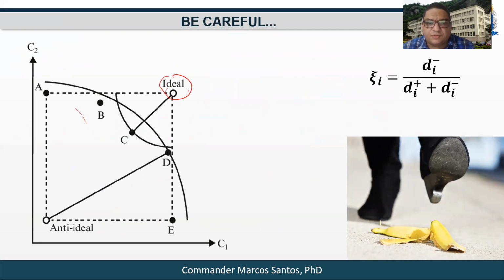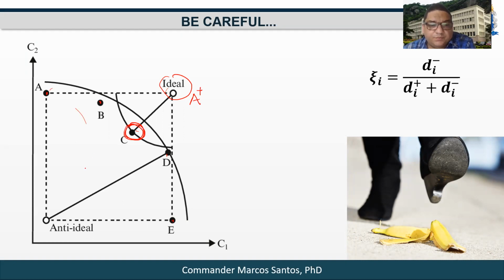Here we have the ideal solution, positive E. And the alternative C is the closest to positive E. I have alternatives A, B, C, D, and E. So alternative C is the closest to the ideal solution, probably the best alternative.